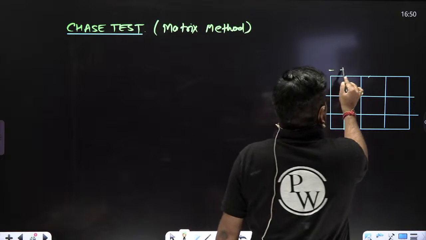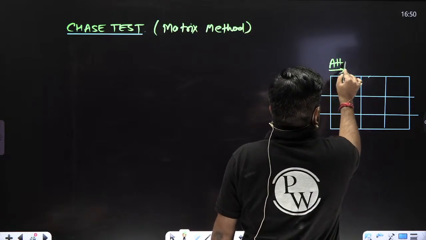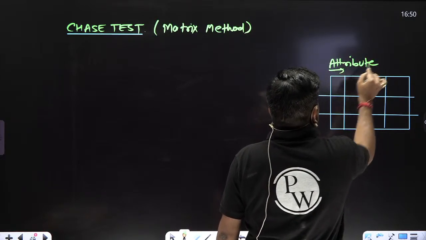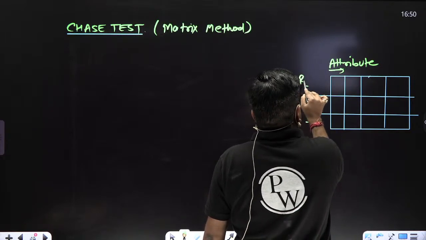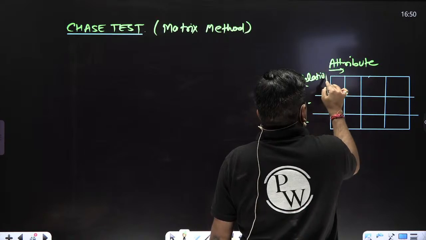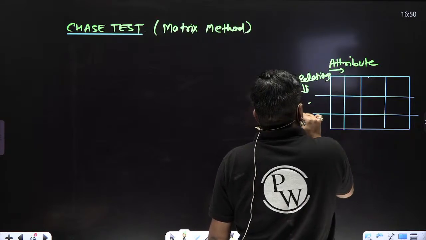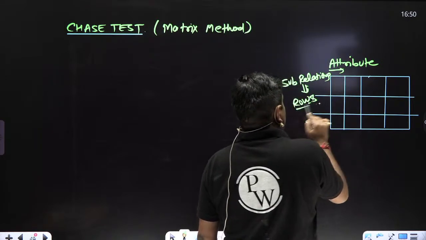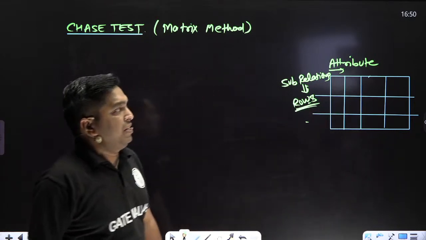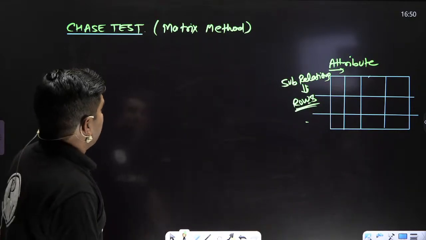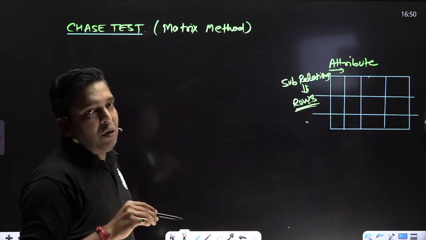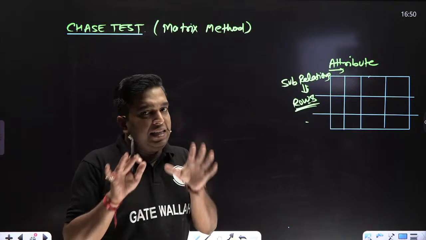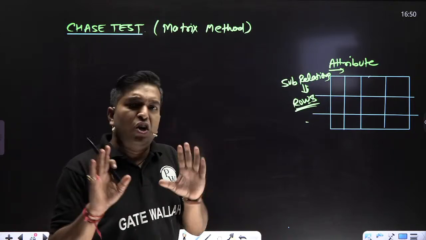Here the column represents the attribute and the rows represent the sub-relations. Put your pen down, everyone. Now I am telling each and everything from the basic, don't worry.